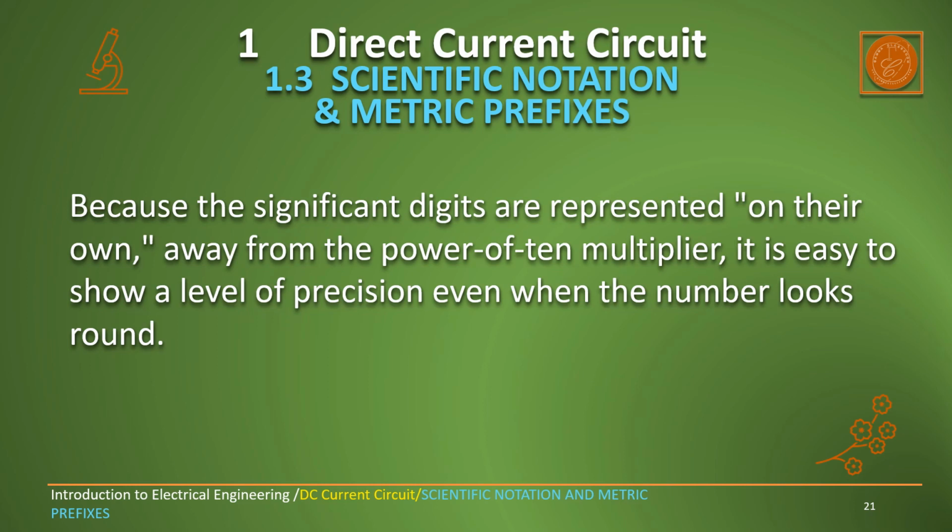Because the significant digits are represented on their own away from the power of 10 multiplier, it is easy to show a level of precision even when the number looks round.